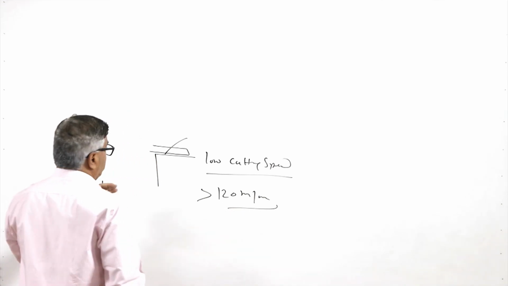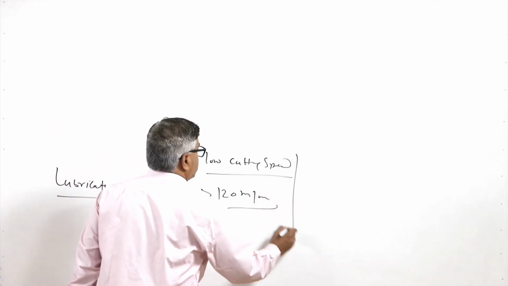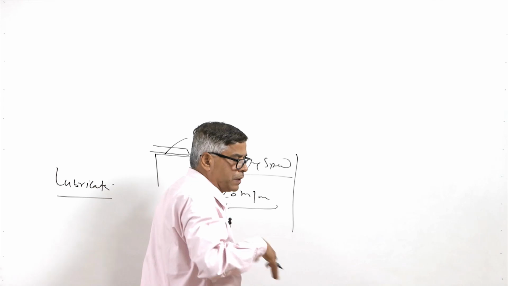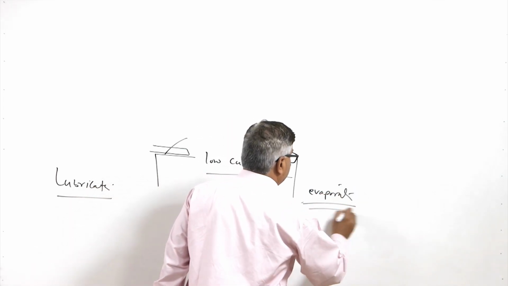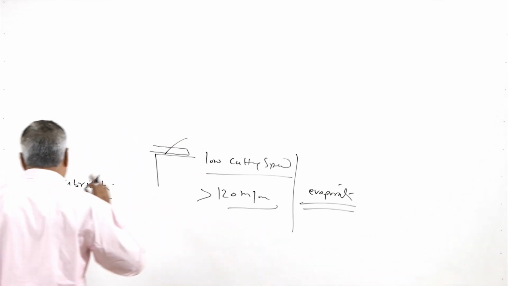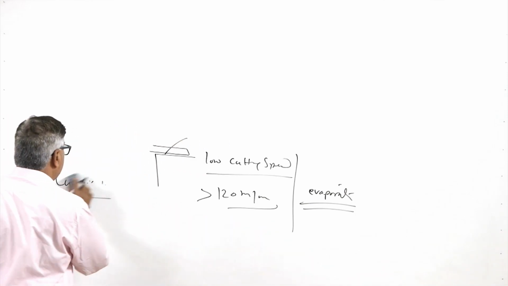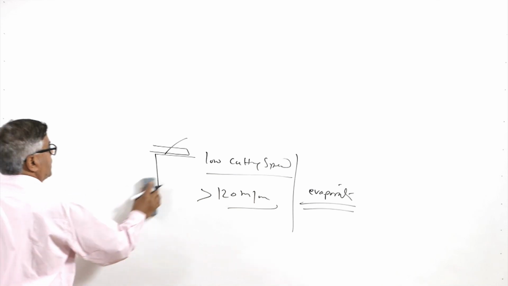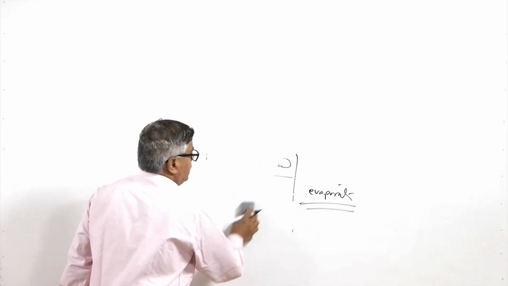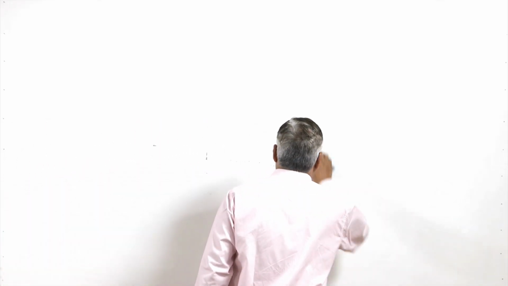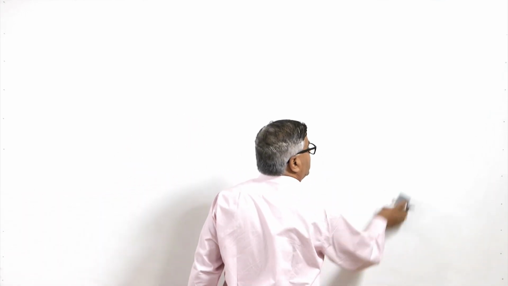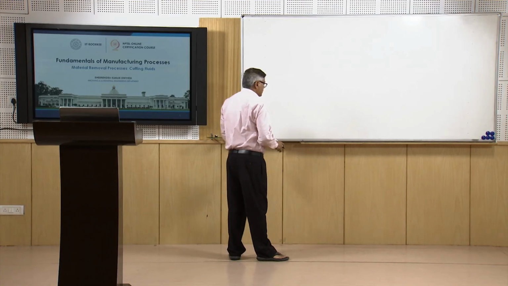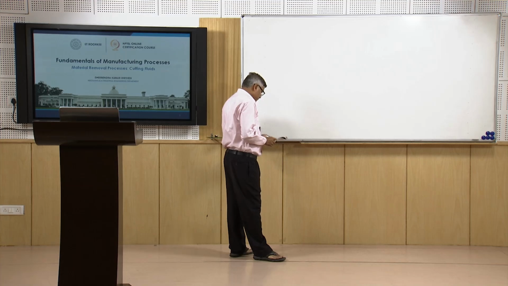The lubricants will not be able to perform their functions, and under high speed conditions the heat generated leads to evaporation of the cutting fluids. So, at high speed conditions lubrication based cutting fluids do not remain effective, and that is why we need to use a cutting tool material having stability even at high temperature to deal with those situations.